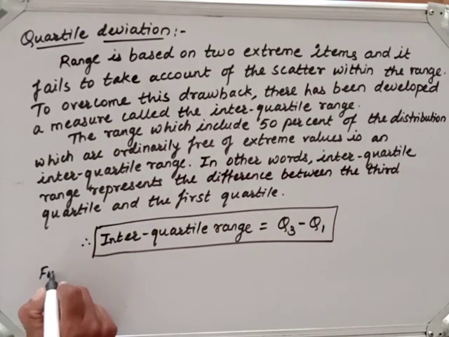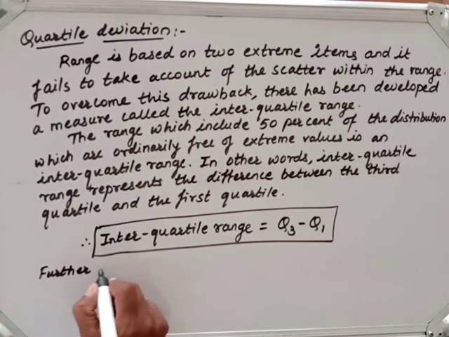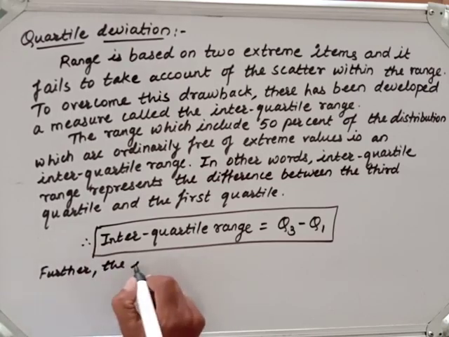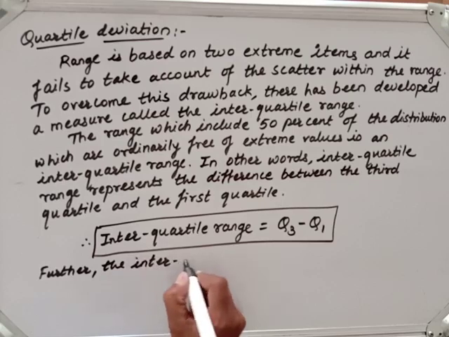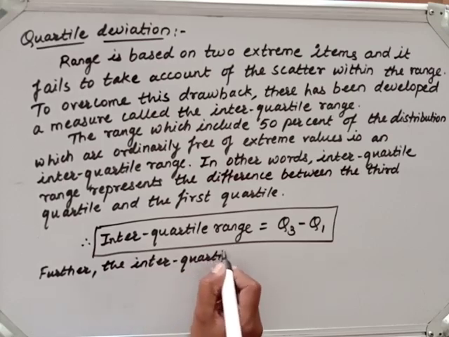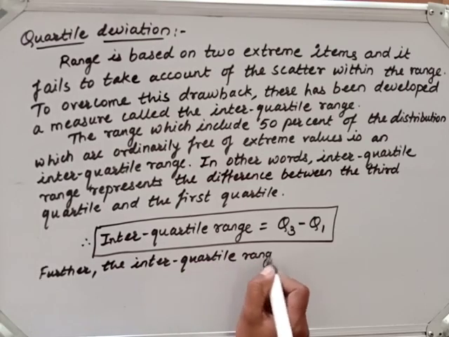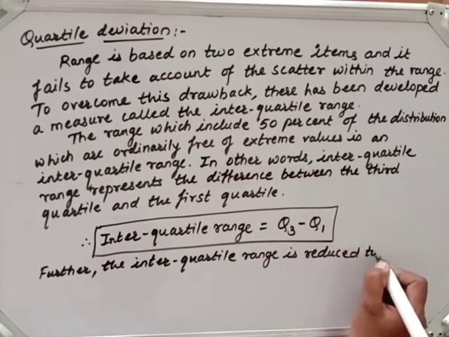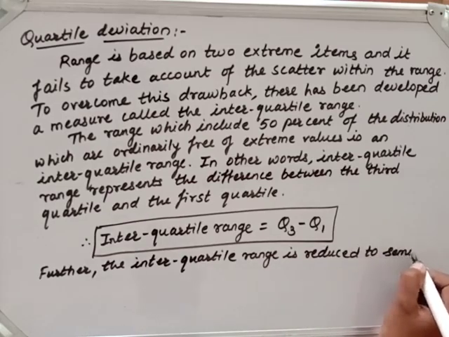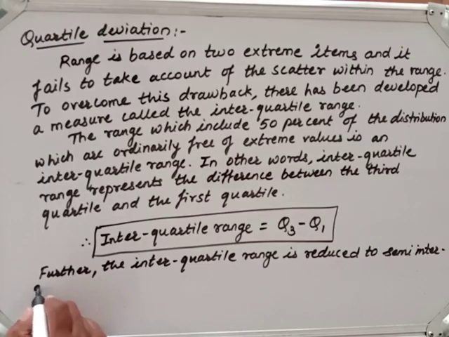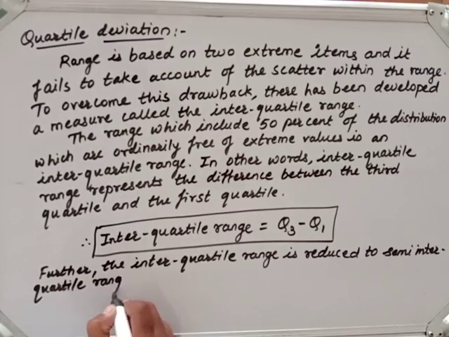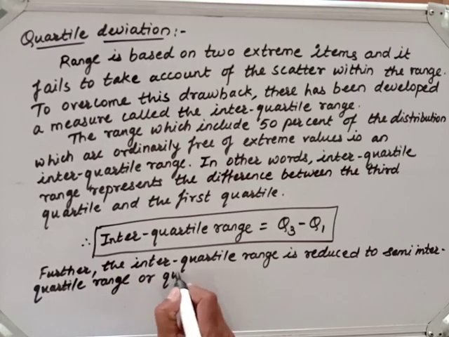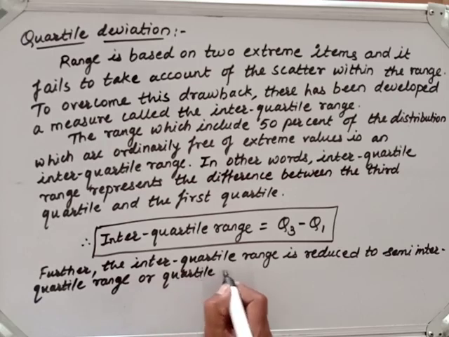Now further the interquartile range is reduced to semi-quartile range or the semi-interquartile range, or it is also known as quartile deviation.